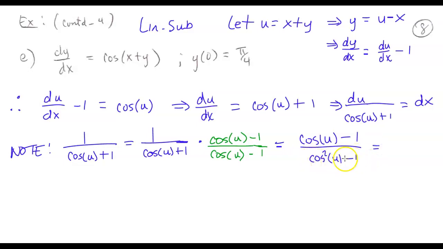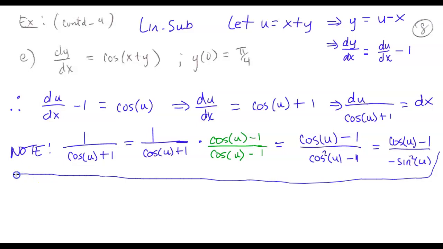And remember how we said all of this equivalently was just a negative sine squared of u. Okay. So now from here, we see that I have cosine of u minus 1 divided by a minus sine squared.